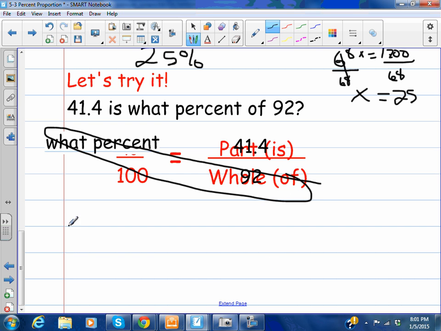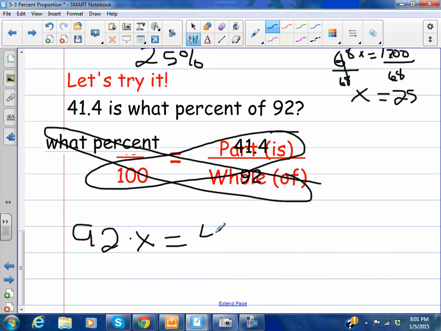92, so the whole, times what percent is equal to 41 and 4/10 times 100. So then I get 92 times x is equal to 4,140.